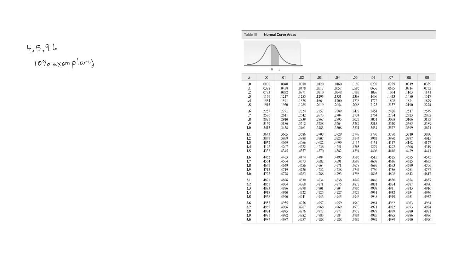You should have 20% be distinguished, 40% be competent. I'm sorry for my shorthand here. 20% be marginal, and 10% be unacceptable.